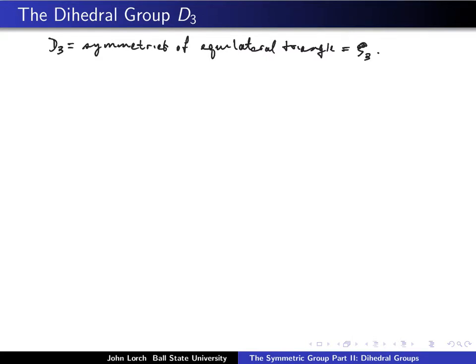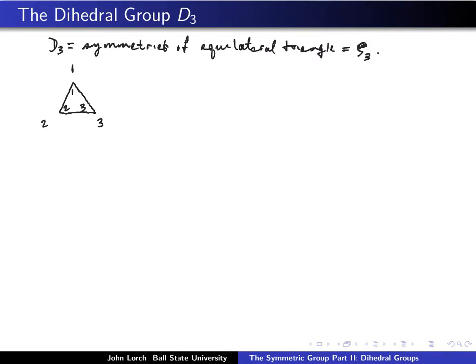And now, to remind you of that situation, remember we had an equilateral triangle, say in what we would call home position, where we're going to label the corners of the triangle 1, 2, 3, and then they have positions which are fixed once and for all, 1, 2, 3.